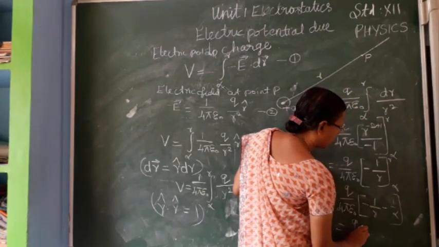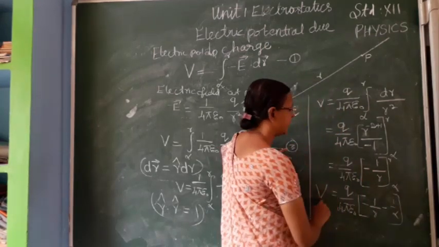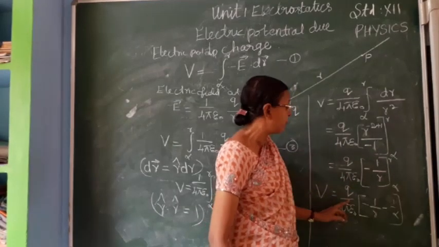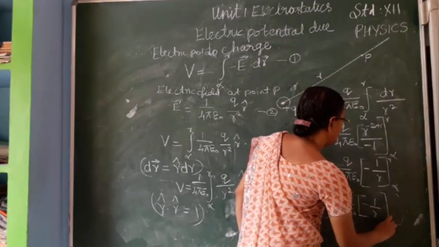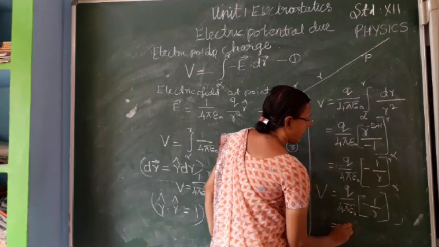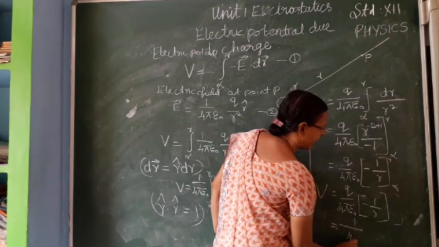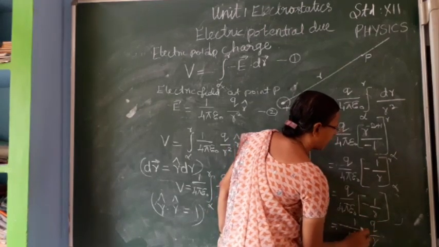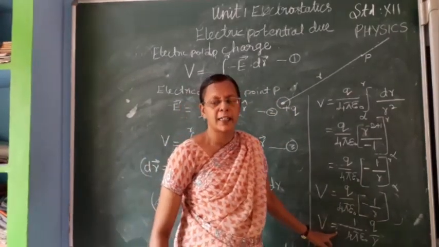So the electric potential V is equal to Q divided by 4 pi epsilon 0 into minus 1 by R. So we can write minus 1 by 4 pi epsilon 0 into Q divided by R. Okay. This is the expression for electric potential.